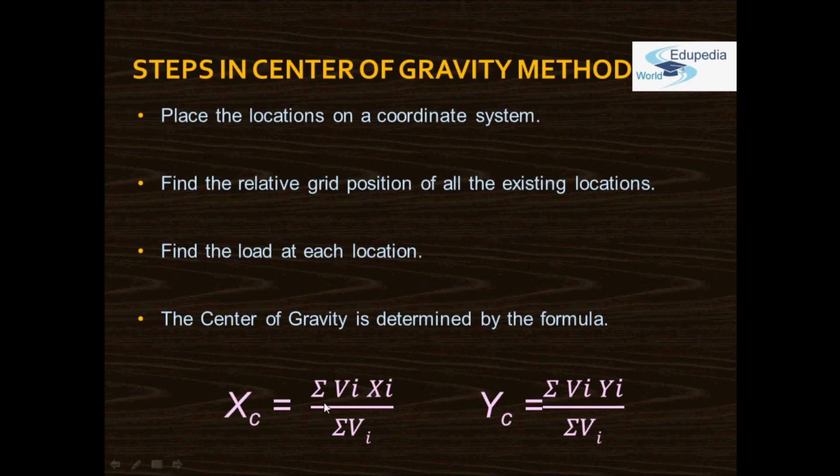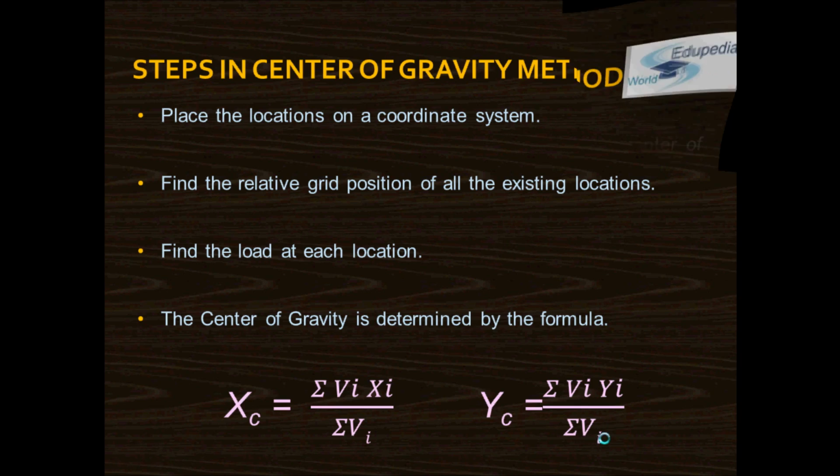Xc is the ratio of the sum of the product of the weights and the x coordinates divided by the sum of the weights, or the volumes of goods moved. Similarly, the y coordinate is the ratio between the sum of the product of Vi and Yi divided by the sum of Vi.